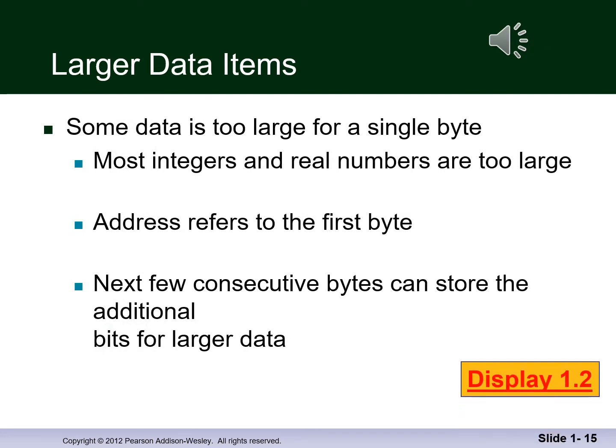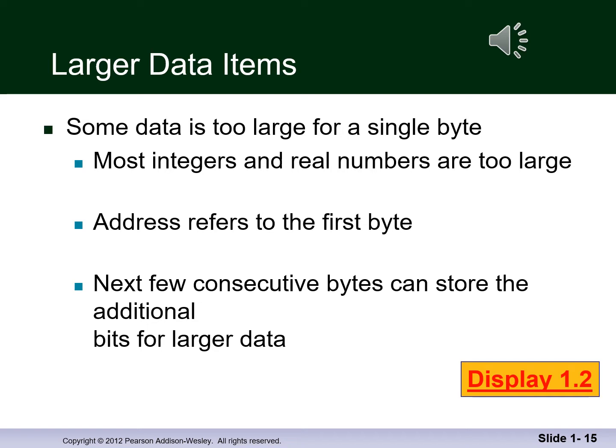Most data is too large to be stored in a single byte, which is 8 bits. Most integers and real numbers require more than 1 byte to be represented. So their address refers to the first byte.